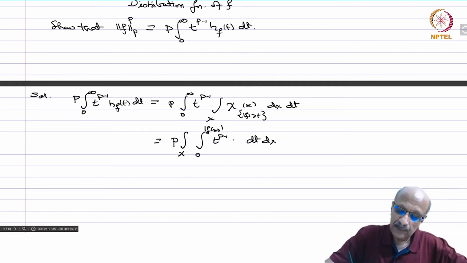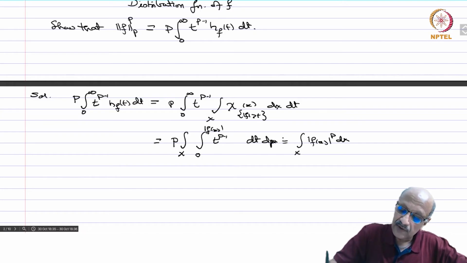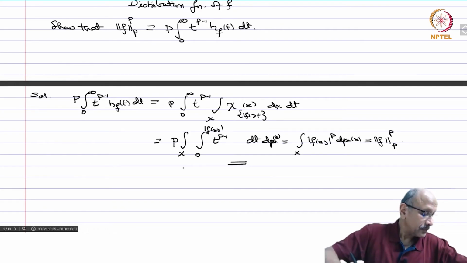Now the integral of p t power p minus 1 is t power p, so this is equal to the integral over x of mod f(x) power p d mu, not dx, d mu of x actually, to be correct. Okay, so this is nothing but norm f p whole power p. Okay, so that is this.